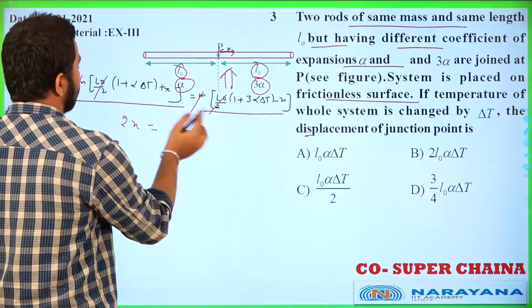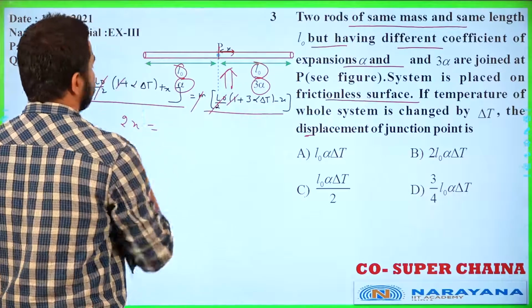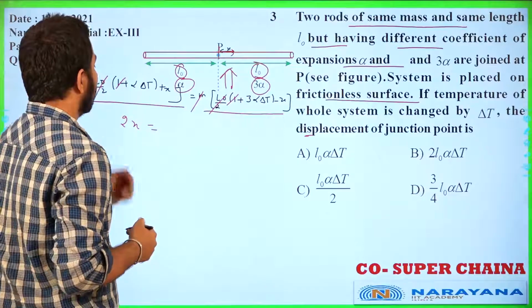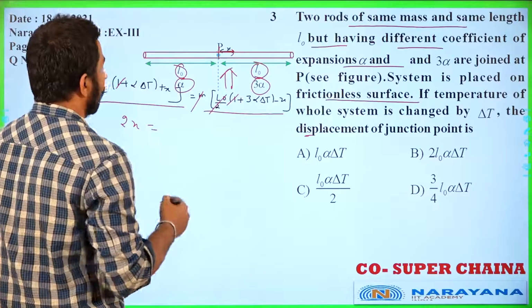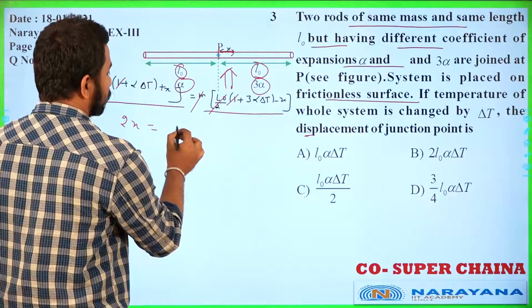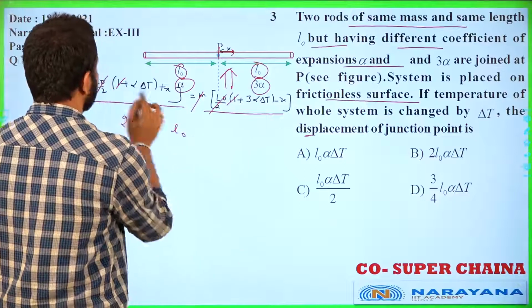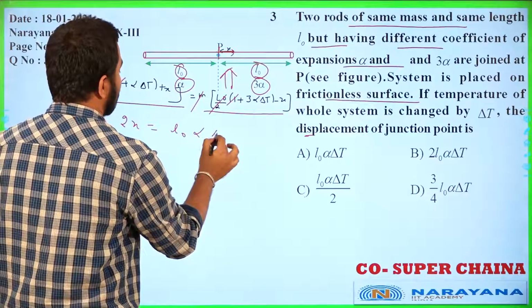And if you write here, 1 and minus 1 can be cancelled out. So what value are we getting? We are getting 2x equals L naught alpha delta t.